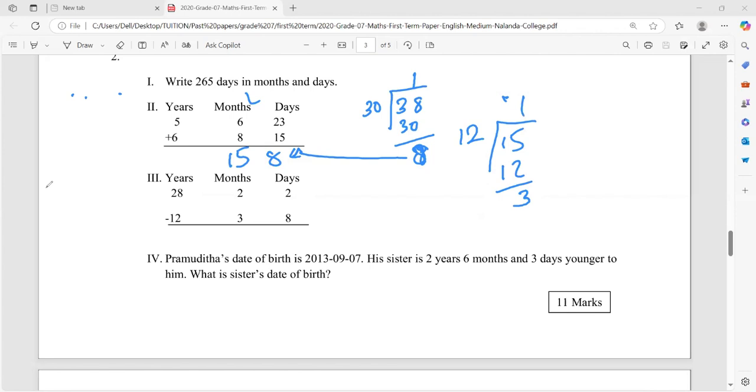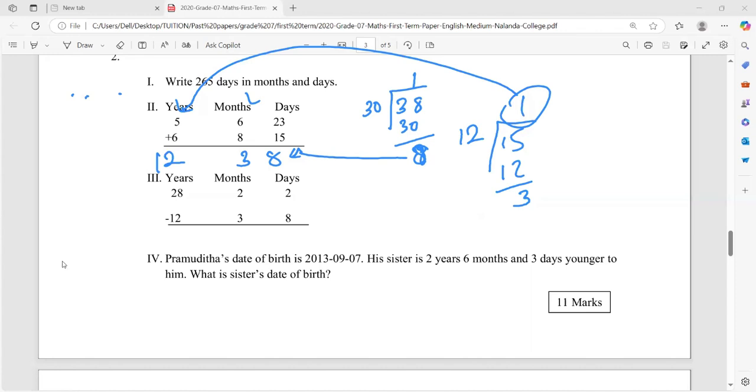That means 3 months and 1 year. Therefore, you cannot write so much here. You can write only 3 months here, and this 1 year has to go here, right? Then it's going to be 12 years, 3 months, and 8 days.